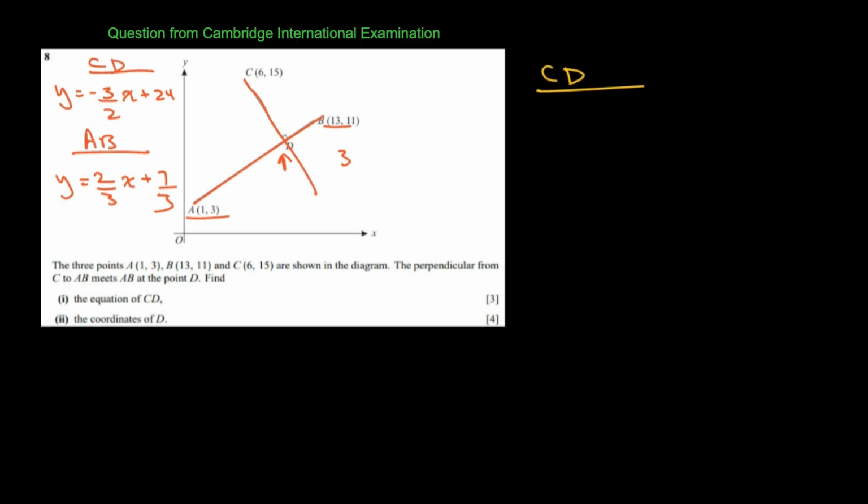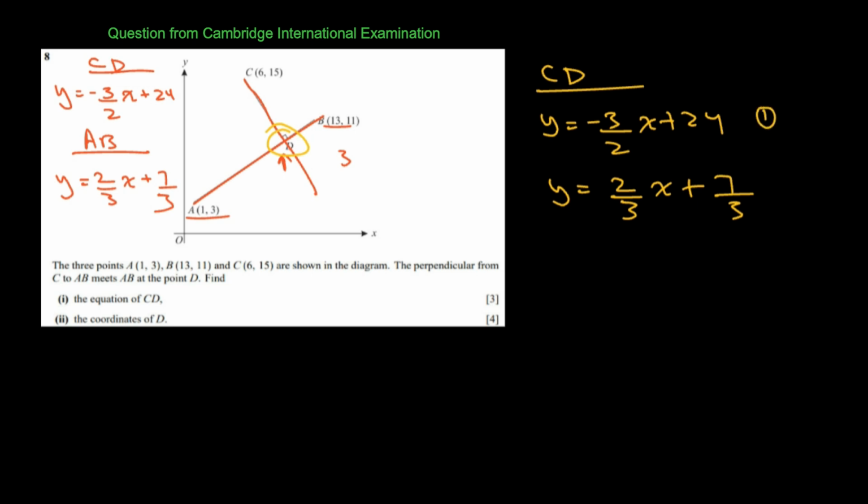Now you have CD as y equals negative 3 over 2x plus 24, and you have AB as y equals 2 over 3x plus 7 over 3. So you need to solve both equations simultaneously to find the point of intersection D. So let's call these equation 1 and equation 2. Now select either of the two equations. So I'm selecting equation 1.